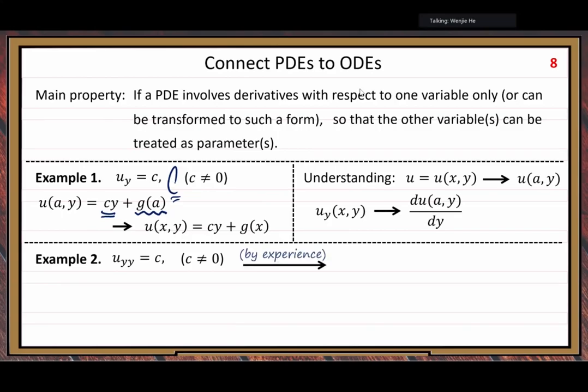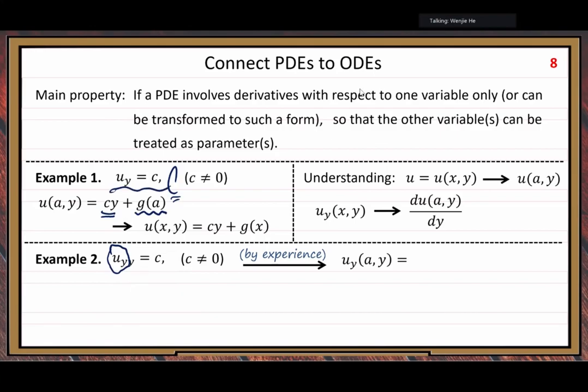So by experience, we can write u partial y as a function first. Because we treat u partial y as the solution of this equation, can we treat it in that way?